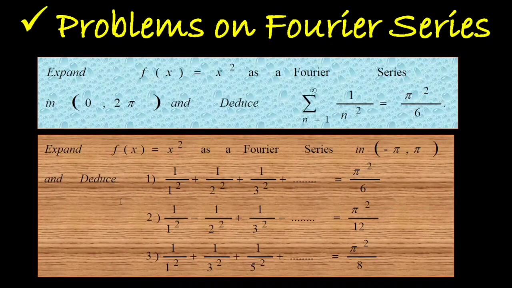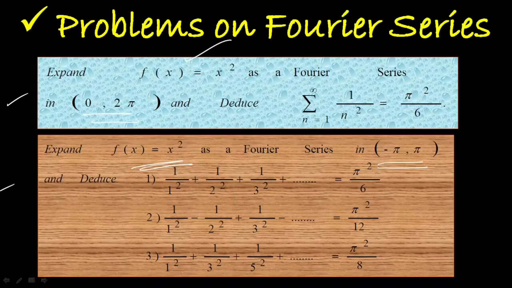Next, problems on Fourier series. Now we enter into the important category. Listen carefully. We have discussed all the basic things involved under Fourier series in 0 to 2π and −π to π, and also the half range series. Now let me take sample problems. Here I take two problems under two different intervals, with the same function f(x) = x².